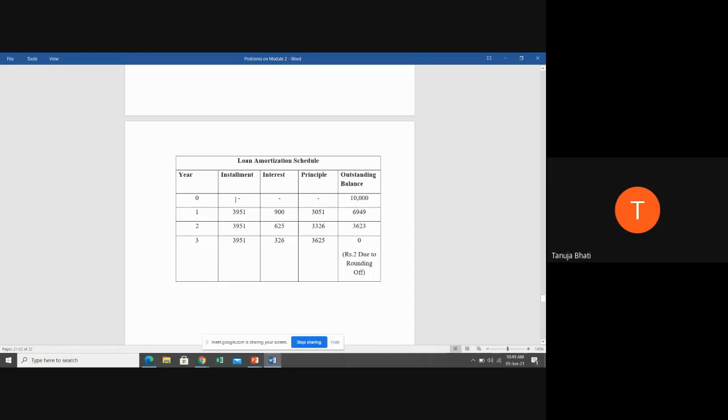Just to see whether you have understood, can anyone tell me how I calculate the installment? How do I derive the annual installment amount? Present value divided by PVAF. Correct.